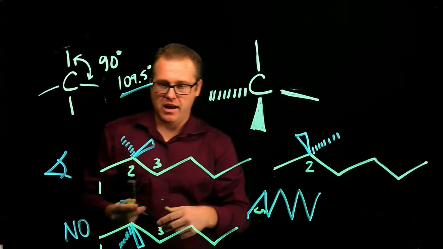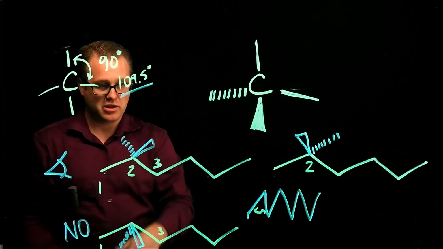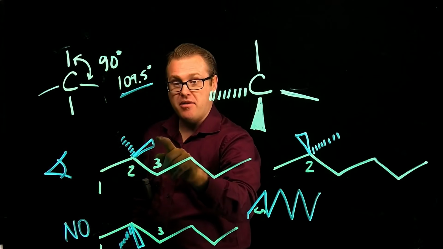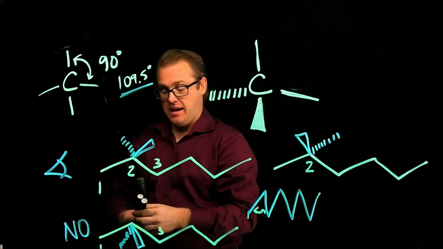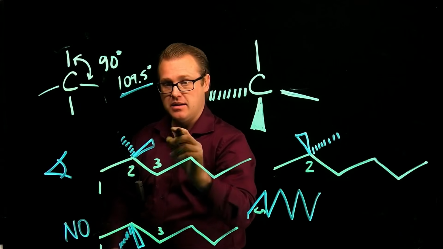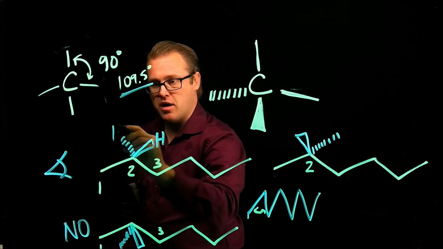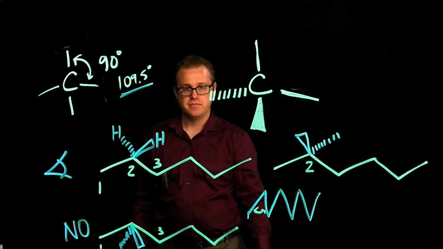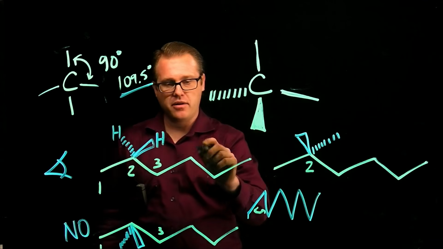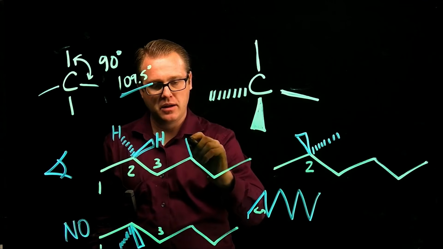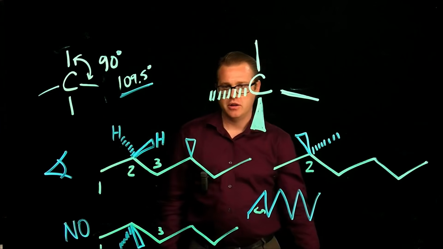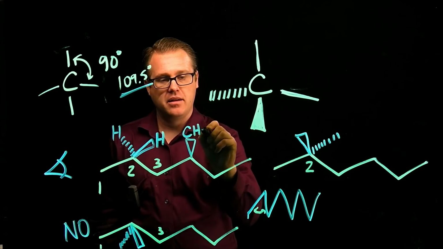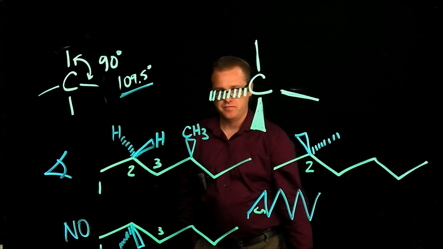So if I leave these wedges drawn as is, what do I have here? I have a methyl group and a methyl group. If I want those to be hydrogens, I'm going to have to draw them in when you draw your wedges and your dashes. So if you ever just draw a wedge like that, that's legit. But there is a methyl group.